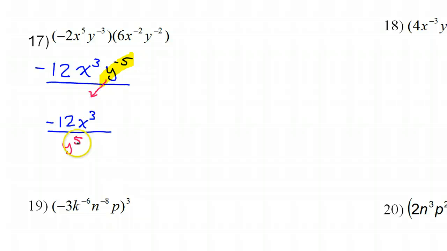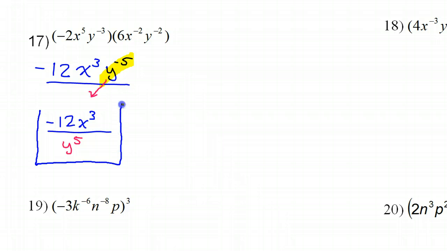See, it dropped down. Notice I do not move the negative 12. A lot of kids will think that we moved the y down because it had a negative, so the 12 is going to move too. No, no, no. We only move things that have negative powers, negative exponents. Negative 12 is not an exponent, it's just a regular number, so it will not move. It stays where it is.